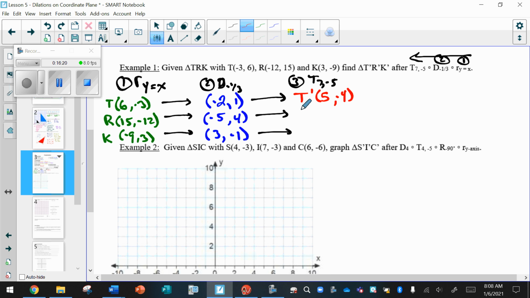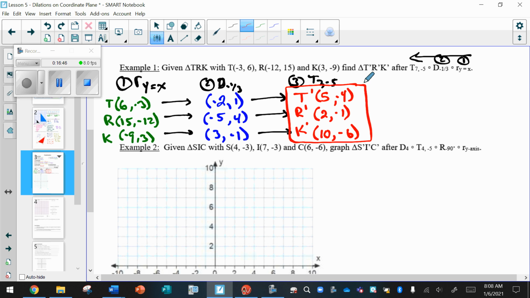Adding 7 to the x, subtracting 5 from the y. For r prime, we add 7 to the x to get 2. Subtract 5 from the y to get negative 1. And then for k prime, add 7 to the x, making it 10. Subtract 5 from the y, making it negative 6. And there are the coordinates for our final image.